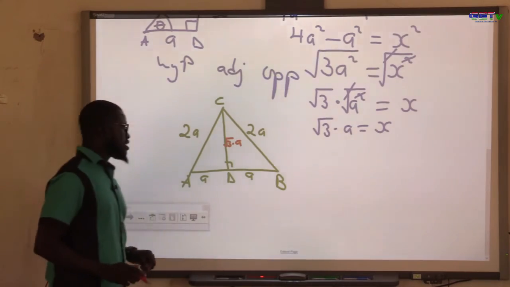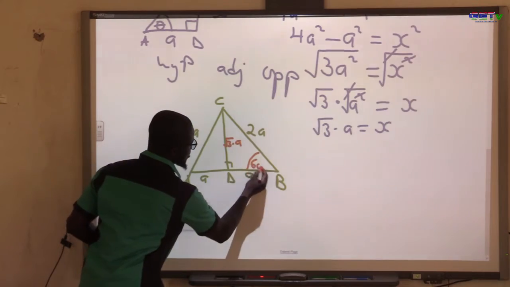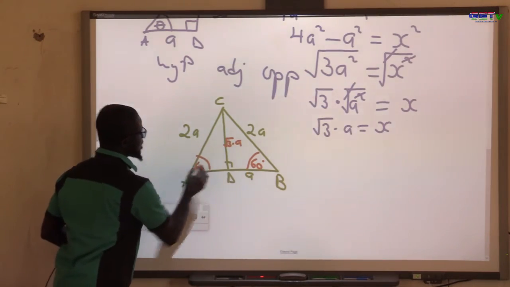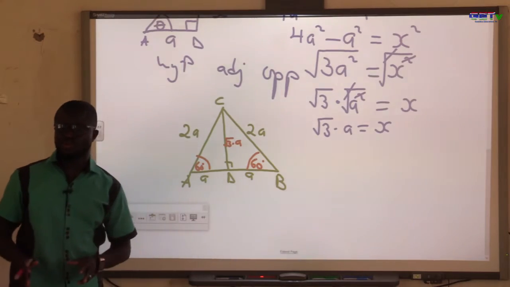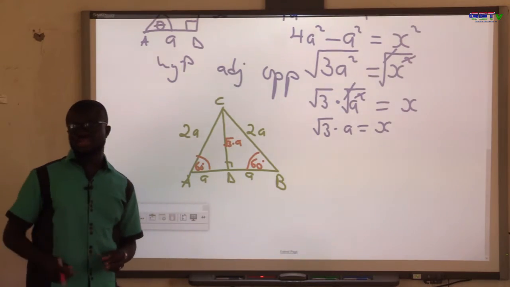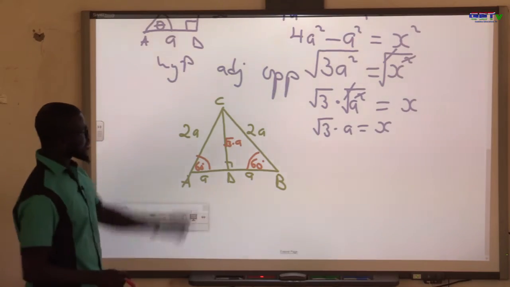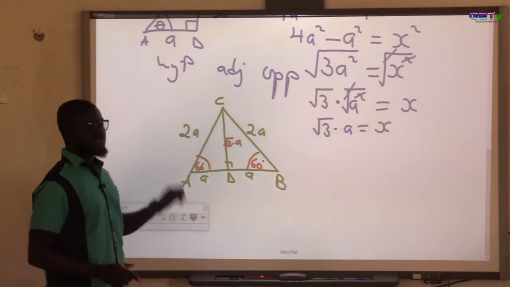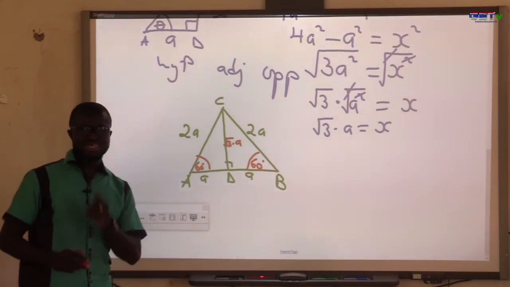Remember, it's an equilateral triangle. So each of the angles is supposed to be equal to what? 60 degrees. This angle also must be 60 degrees. Now, there is one more thing that I did not mention before we started the work proper. And what is that? That thing I want to mention right now is looking at the angle at C. Remember, we said angle A equals angle B equals angle C, and equals what? 60.